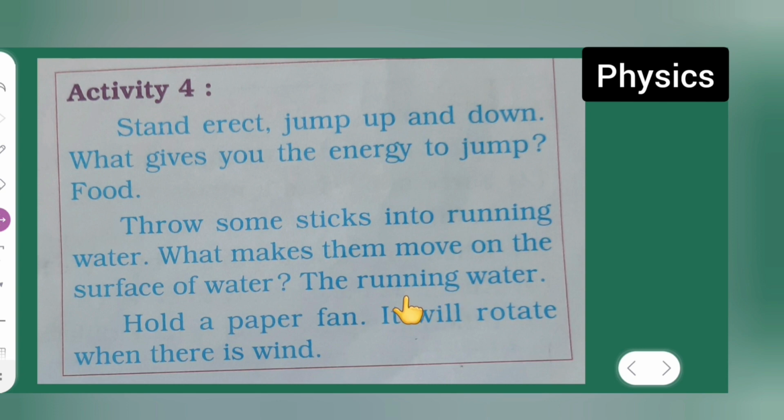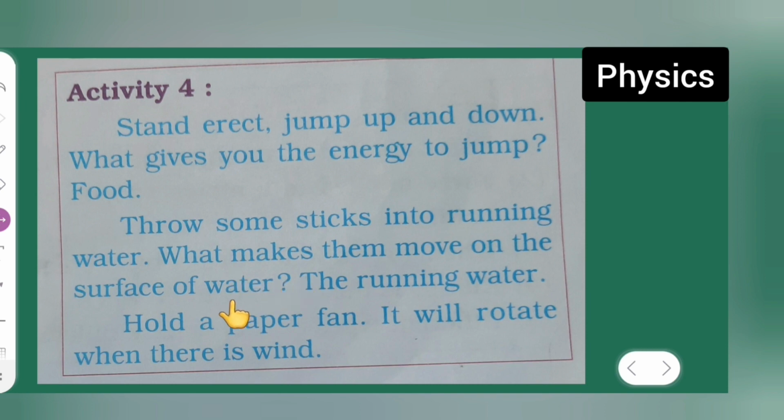The running water, right? When you jump up and down, what gives you the energy? Food. When we eat food, that food gives us the energy to do some work. Now, if you throw some sticks into running water, what makes them move on the surface of water? That is the running water, right?